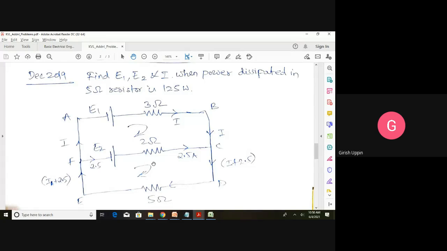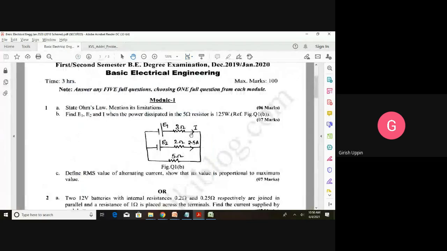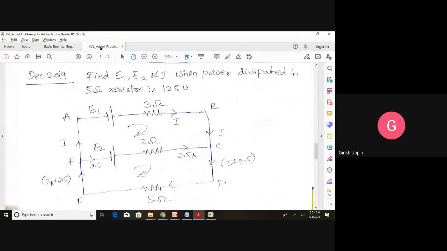This current I is already given by them. Sometimes they give the current. So this current I is given, and this branch current value is known, 2.5 amperes. We will take the same direction whatever is given. So this and this will add, and it will flow into this branch.